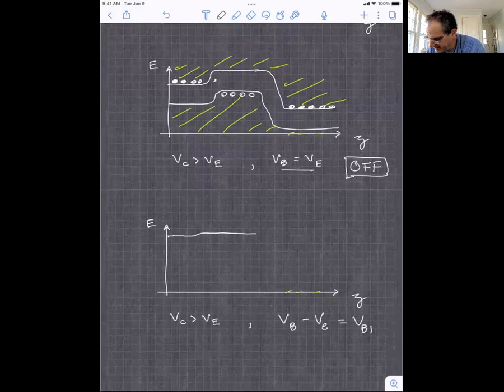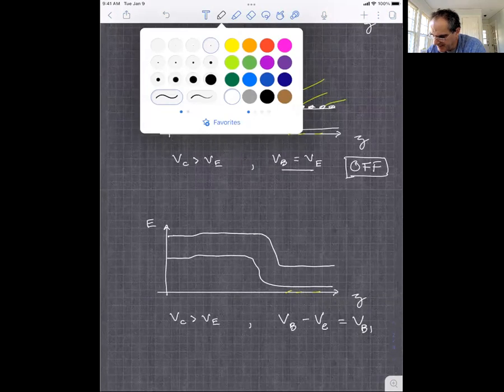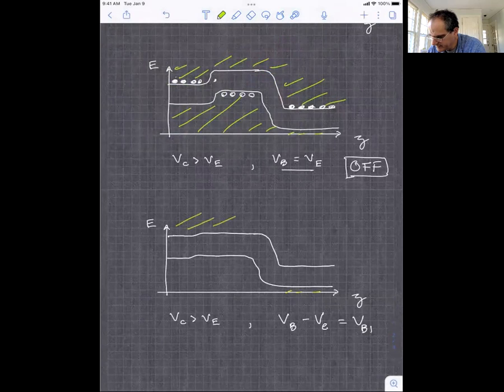Because we forward biased the emitter-base junction, that barrier is now gone, or is small, so that electrons can thermally hop over the barrier.